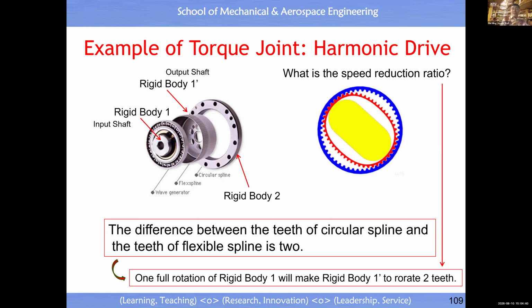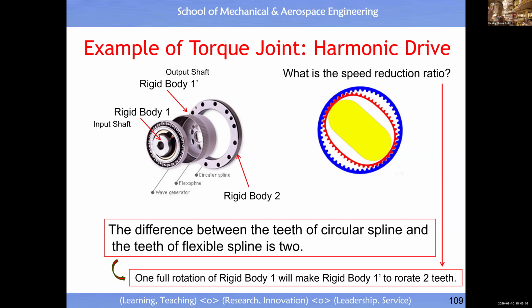But when the difference between the number of teeth is 2, it means what? When rigid body 1 undergoes one full rotation, rigid body 2 will undergo a relative motion of 2 teeth. Yes or no? If the difference is 0, then 0 motion.